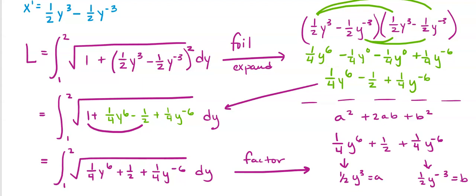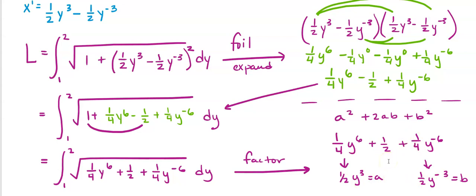And then y to the 3rd times y to the negative 3rd gives you y to the 0th. So that middle term certainly follows the pattern of 2 times ab. This 1/2 does result from the multiplication of the a and b here.